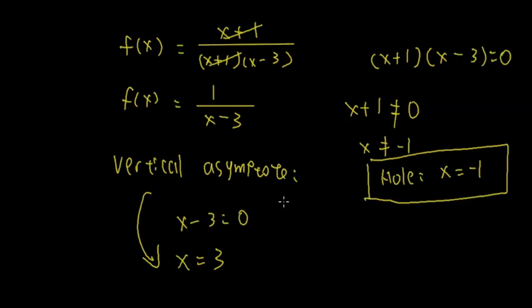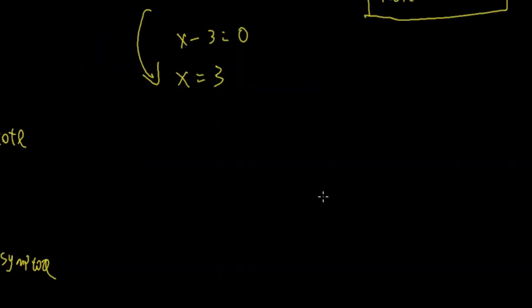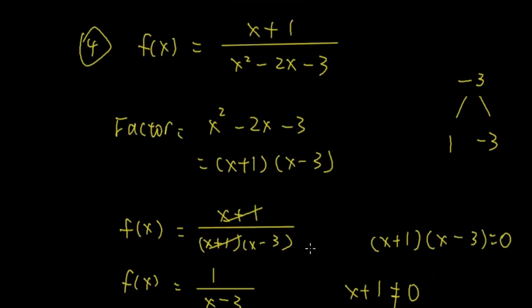Okay. Now, next, horizontal asymptote. Do we have one? Let's look at the highest degree of power here. It will be 1 and 2.